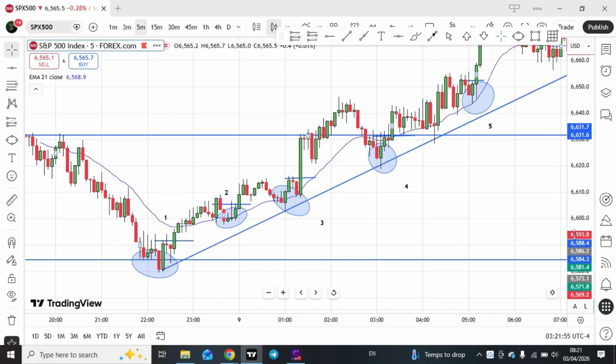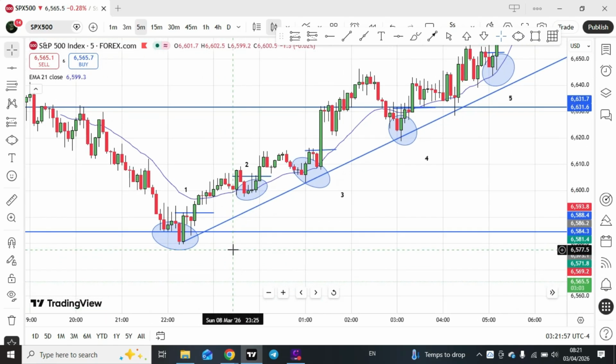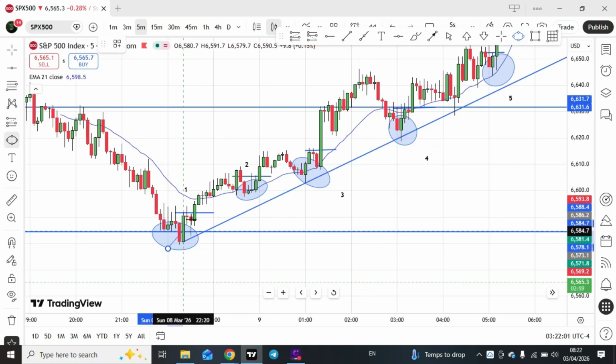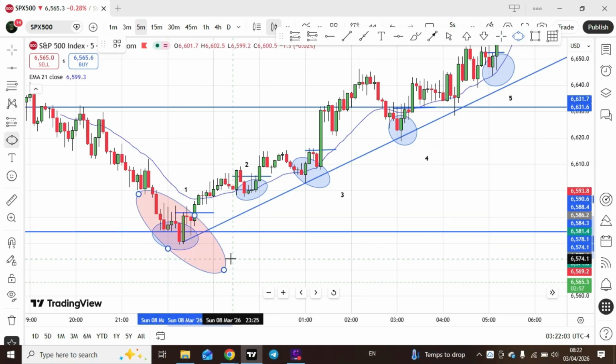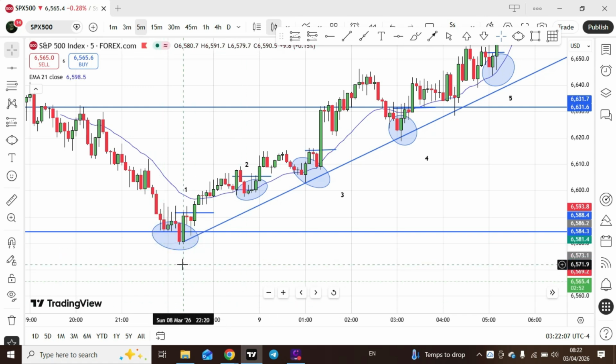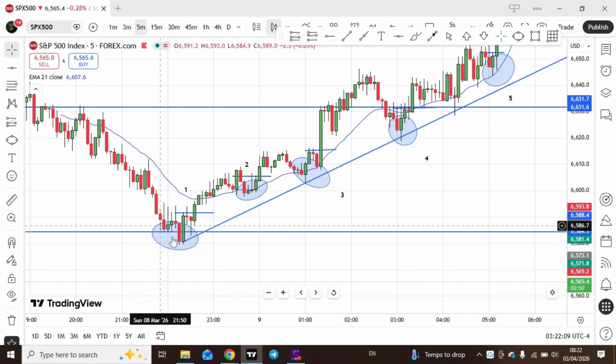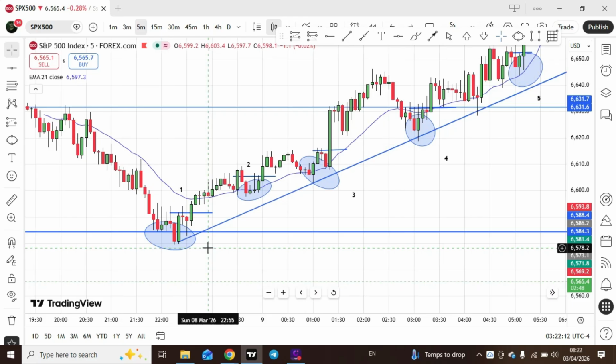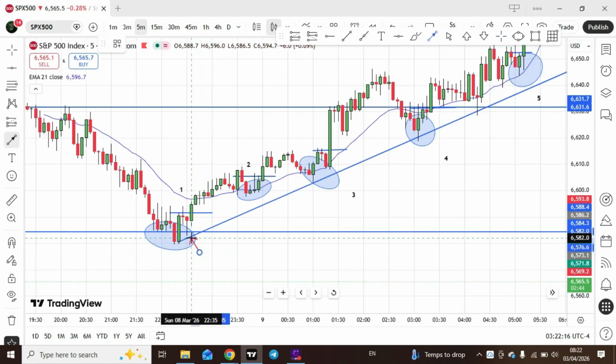So this is your first signal bar. This one is an engulfing bar, as you can see. And if you paid attention, it looks like a failed second entry short at the same time, right here.